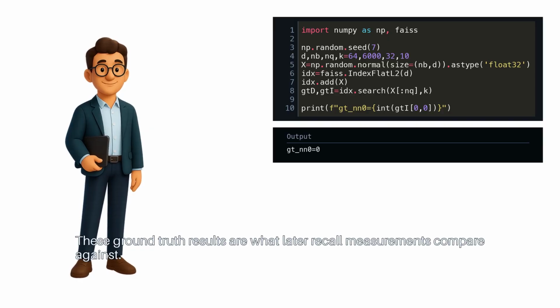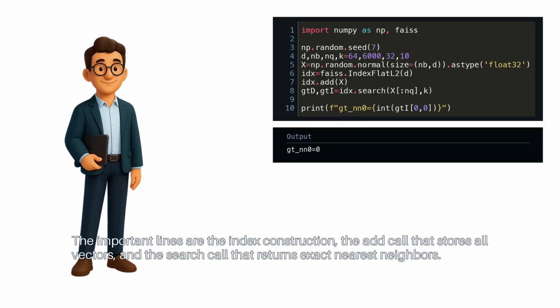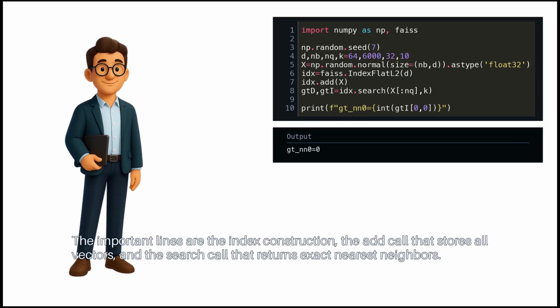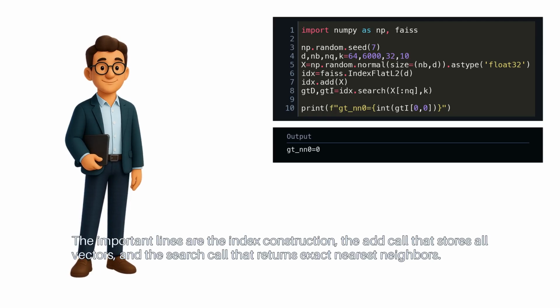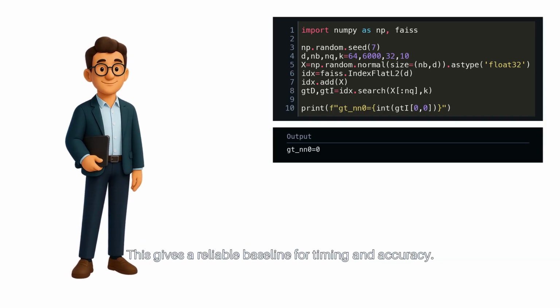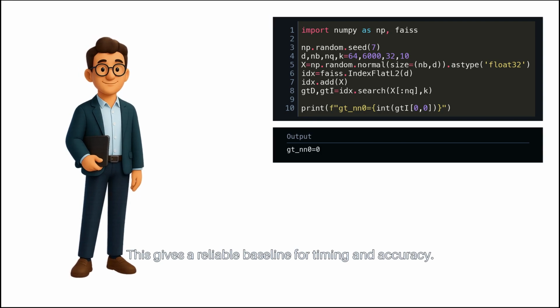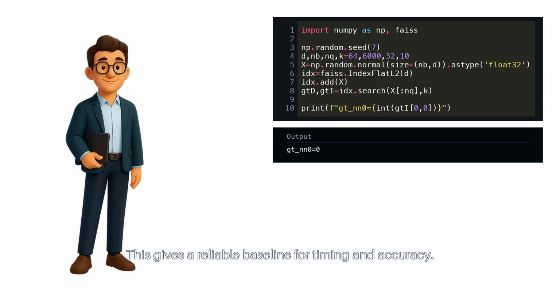These ground truth results are what later recall measurements compare against. The important lines are the index construction, the add call that stores all vectors, and the search call that returns exact nearest neighbors. This gives a reliable baseline for timing and accuracy.